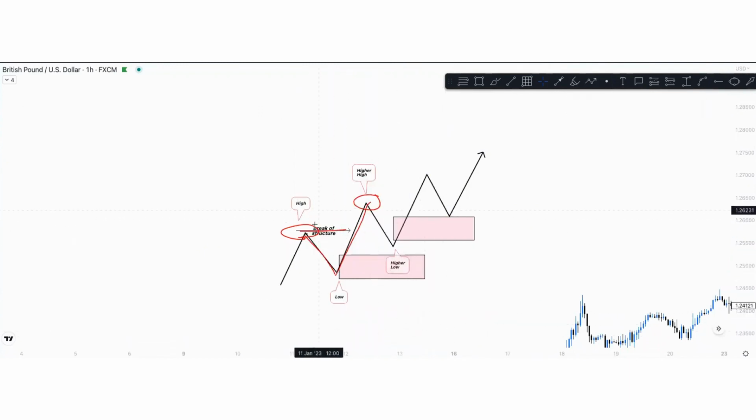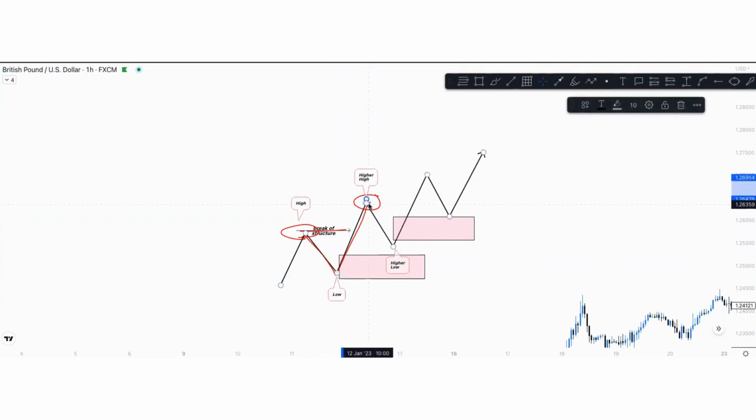So this is the high, and then when it comes to correcting the price, this is the lowest price on this. And then price goes up, so it has this higher high, which is much higher than the previous price, and then having a pullback again, which this price here is considered as the higher low, which means the price is higher than the previous low.